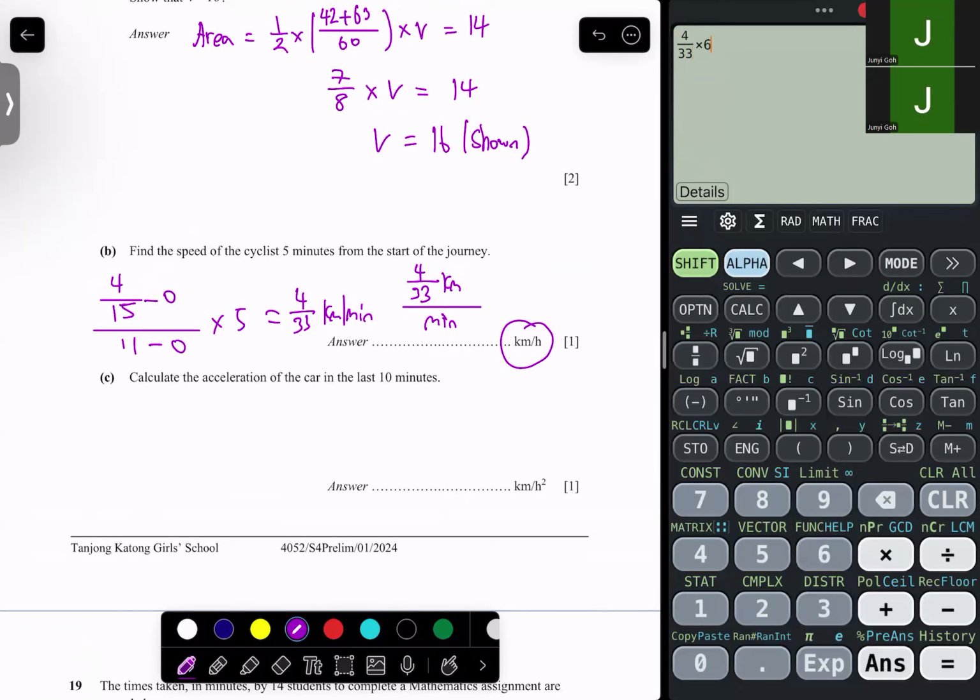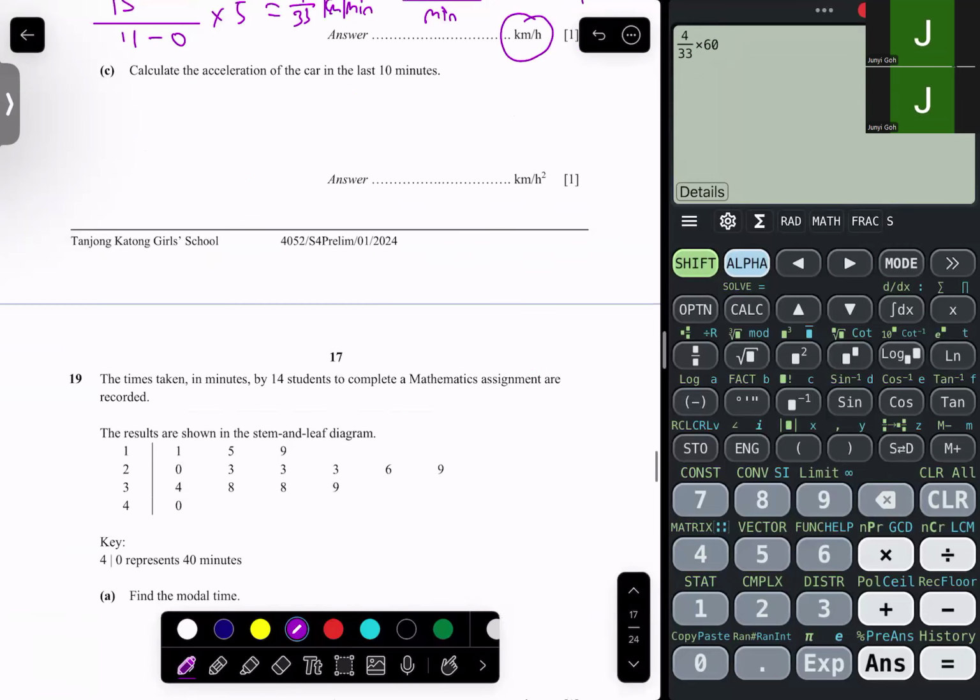Oh, I think I keyed wrongly just now. That's so confusing. Okay, 4 over 33 multiplied by 60 equals 7 3 over 11 kilometers per hour. I think I keyed the calculator wrongly just now.